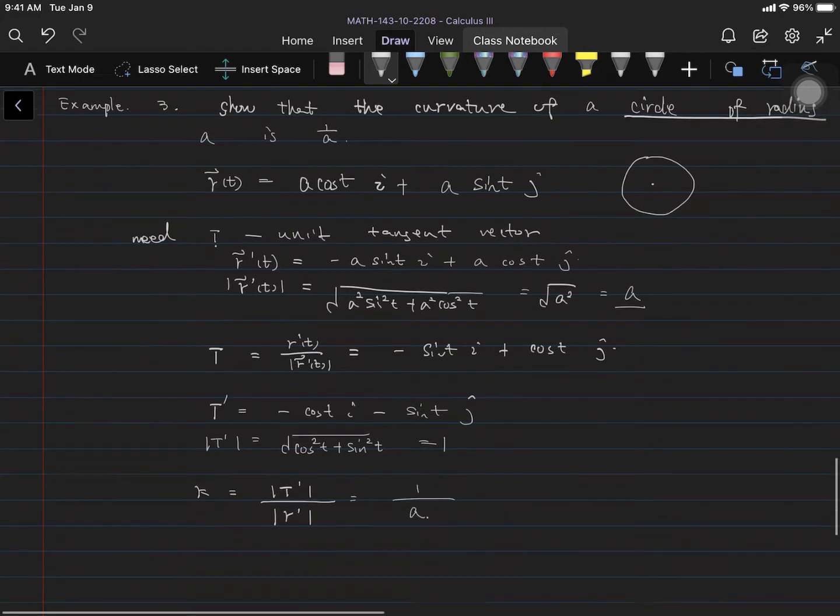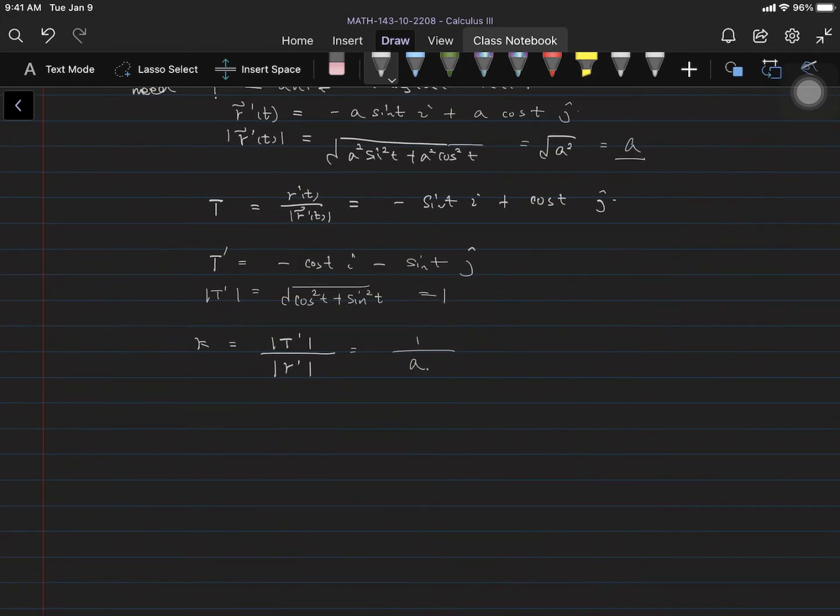So we just proved that. Think about an example: here we have a circle with radius 2, and here a circle with radius 4. You can see which has the larger curvature: the curvature for this one is 1/2, and for this one is 1/4. 1/2 is greater than 1/4.